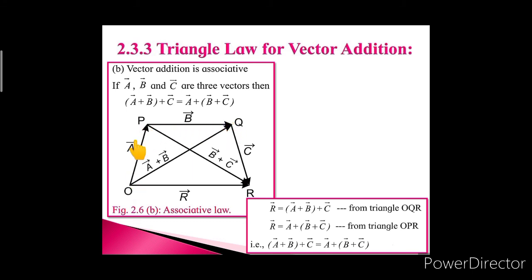Vector A starts from point O to point P, and vector B starts from point P to point Q. So the addition of these two vectors, that is A plus B, we are getting as the resultant, which is given by the third side of the triangle from O to Q. The direction of the resultant vector A plus vector B is from O to Q.